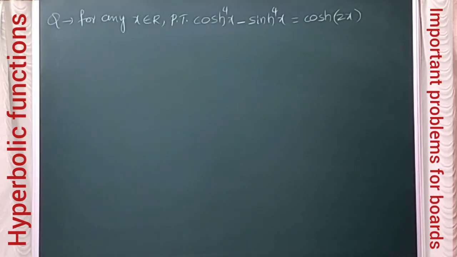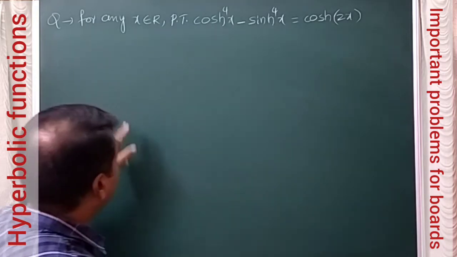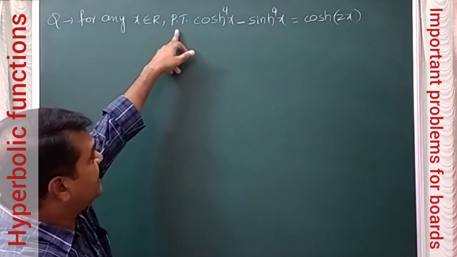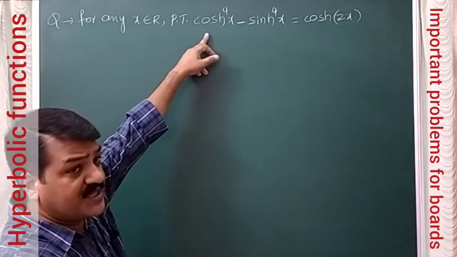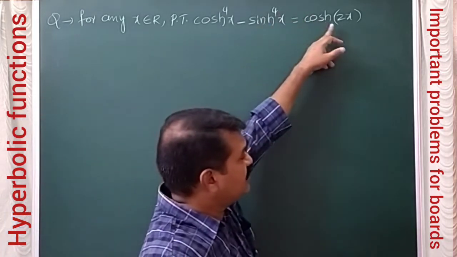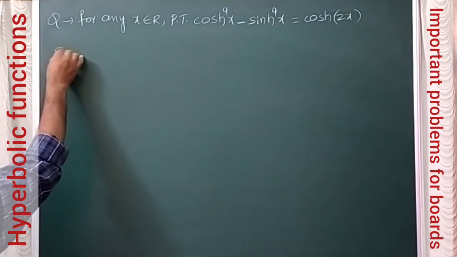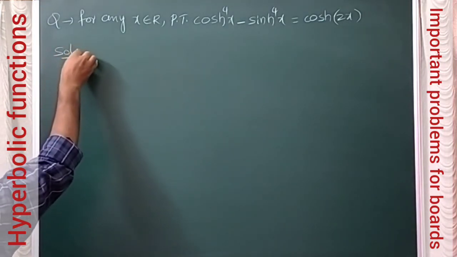So next question. For any x belongs to R, that is for any real value of x, prove that cos h power 4x minus sin h power 4x is equal to cos h 2x, we have to prove. Okay, so I am taking LHS first.